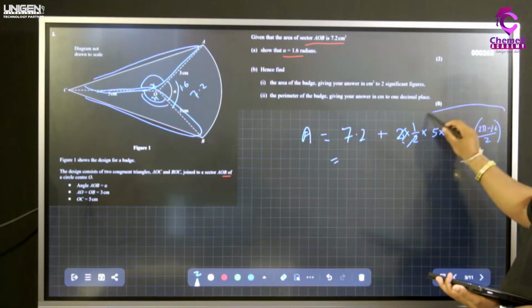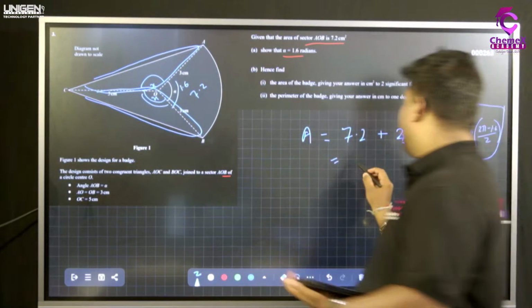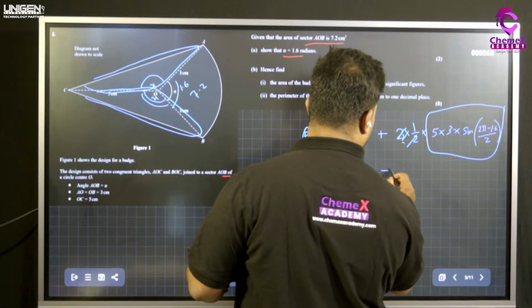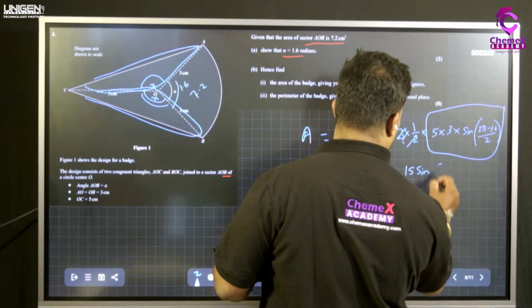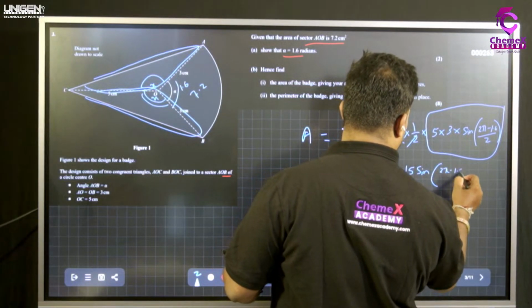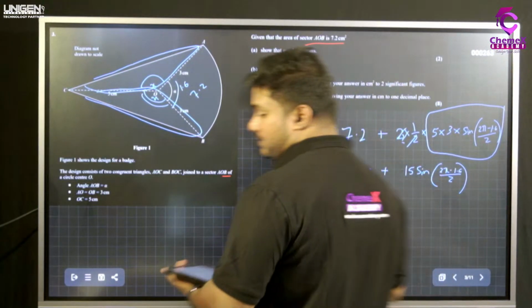Here when you type, make sure that you're in radian mode. So 7.2 plus 15 sine of (2 pi minus 1.6) divided by 2. Okay.